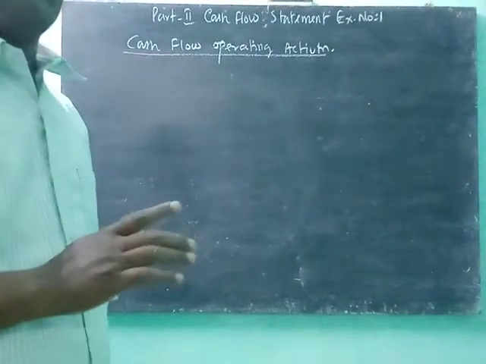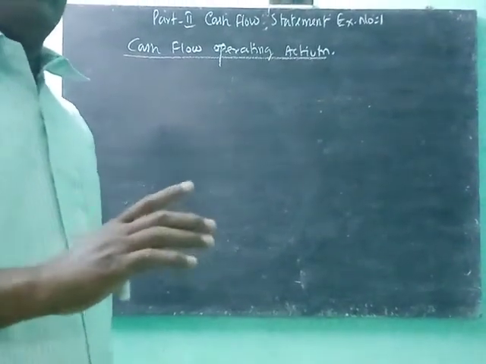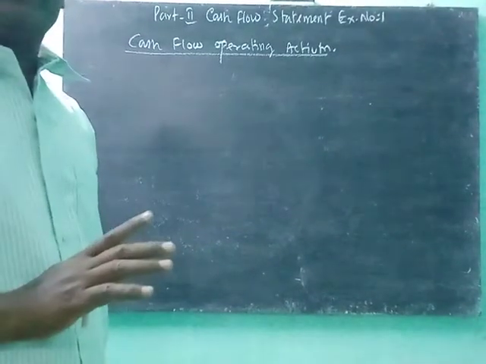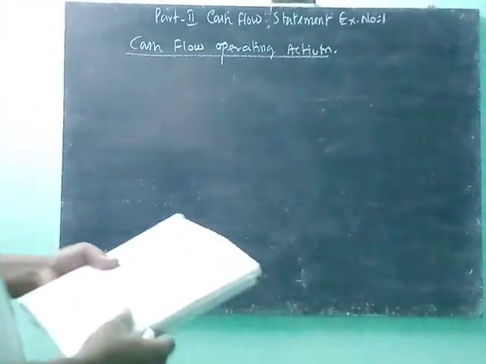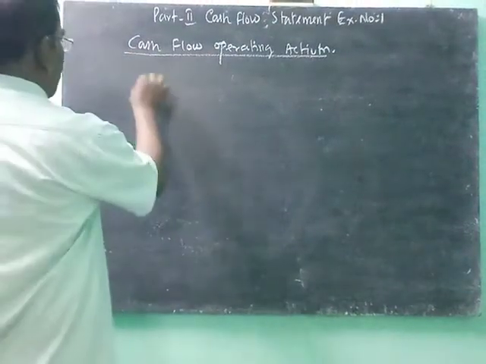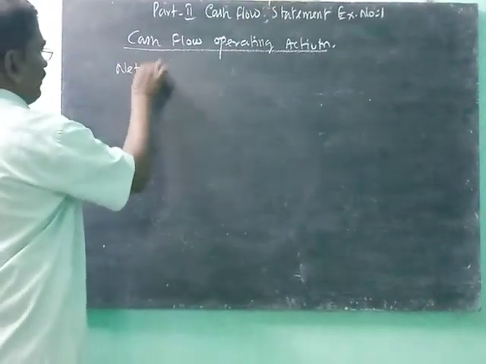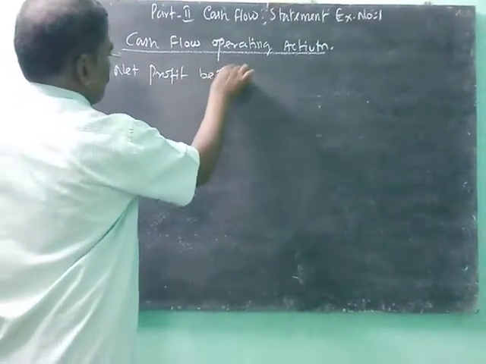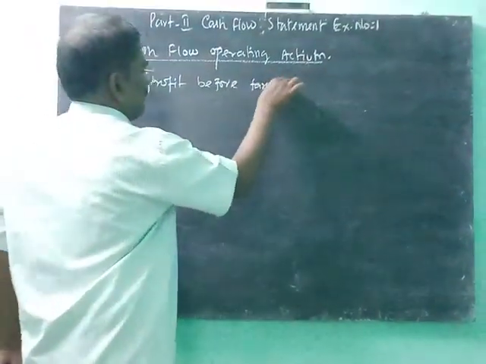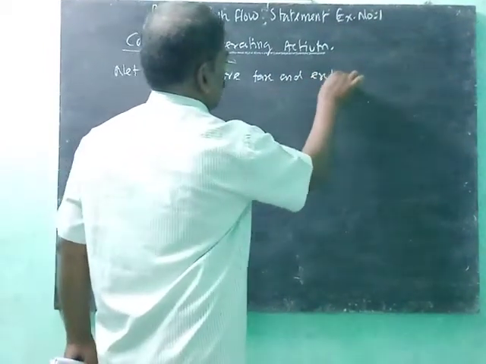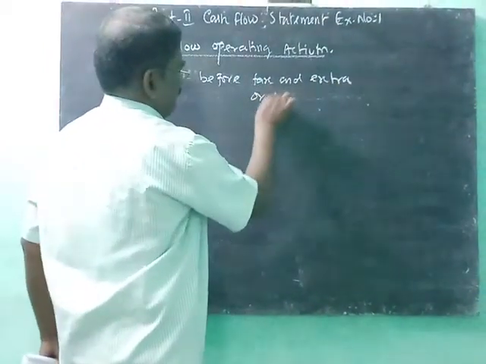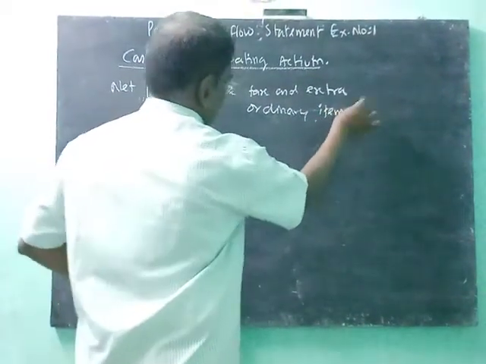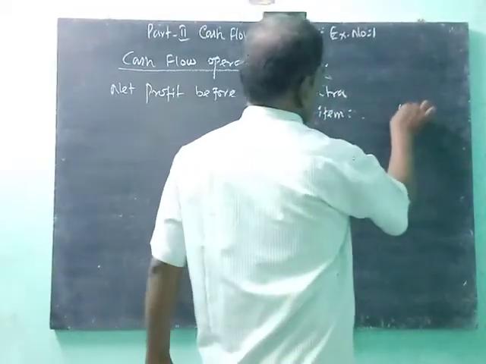Goodwill and patents written off are not related to the operating activity. But in this problem only one figure is given, net profit before tax and extraordinary item, that is given as rupees 5 lakhs.